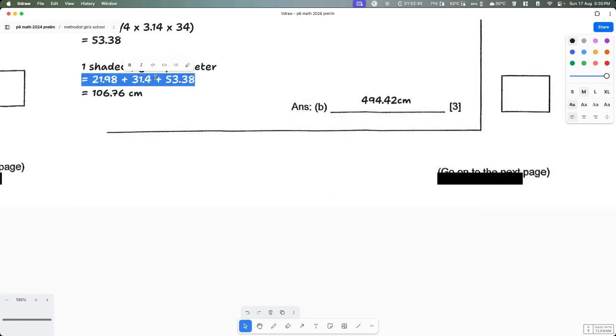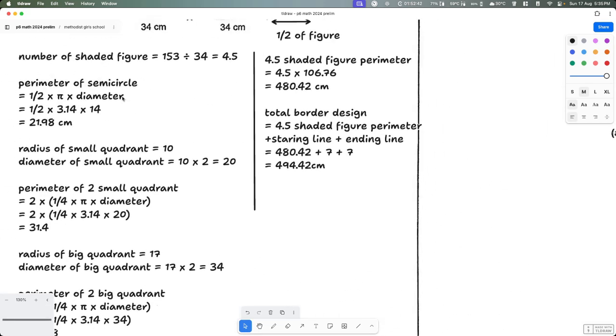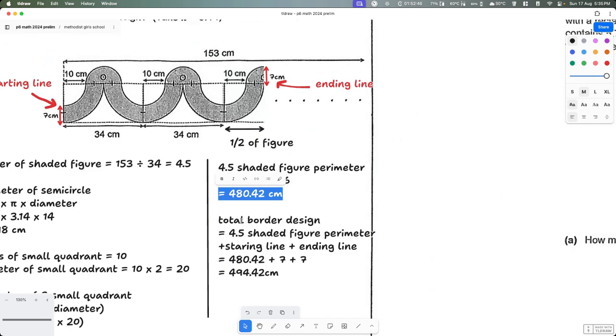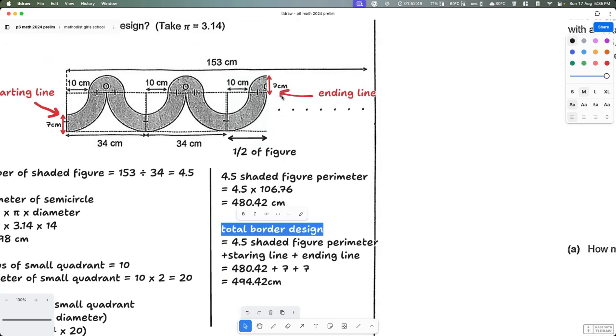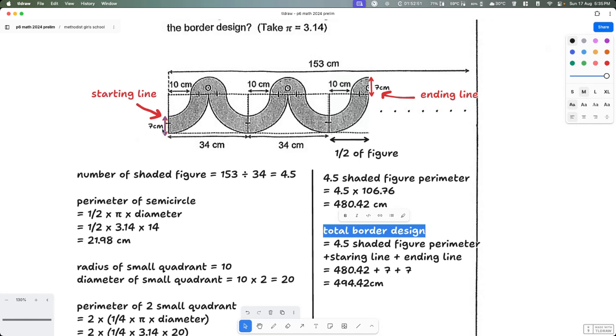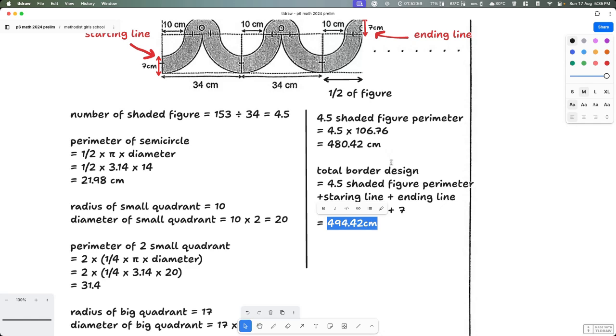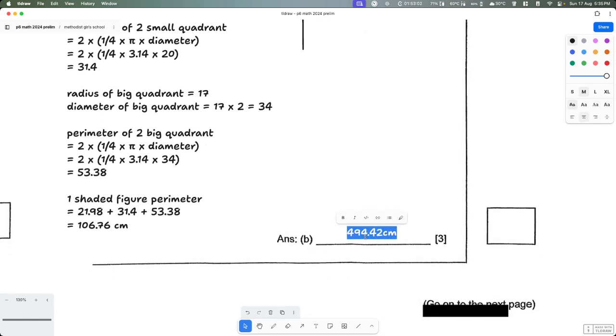Because one shaded figure perimeter is this, we need to multiply by 4.5, and this will give us 480 as well. So the total border design, I think one mistake that you have made is not adding the starting line and the ending line, which is basically just plus 7 to the shaded figure perimeter, which will give you 494.42 centimeters. That's what I see over here.